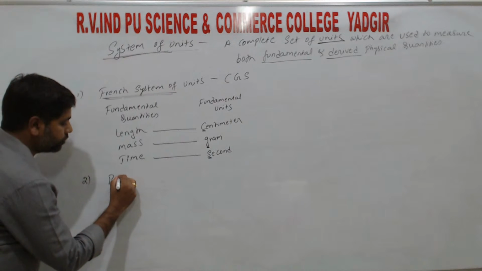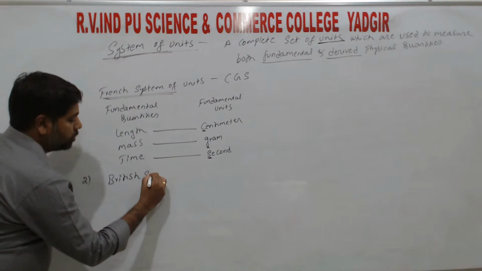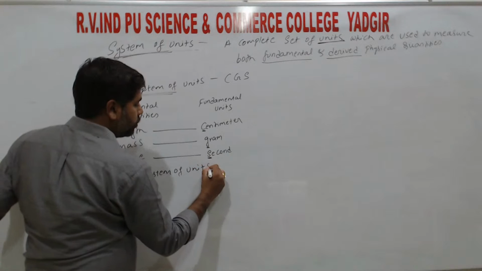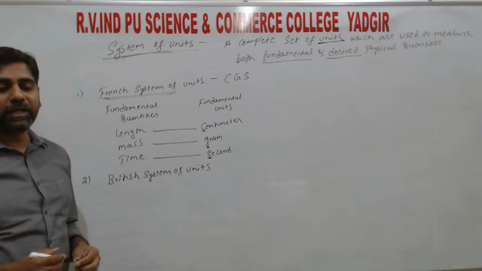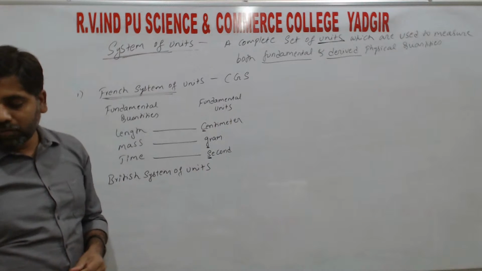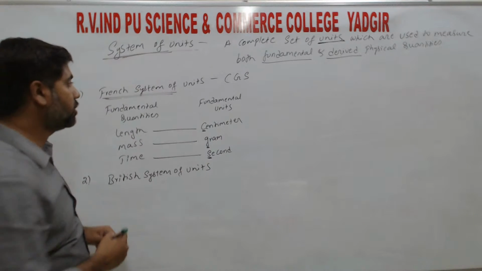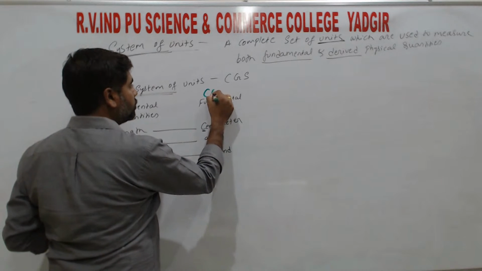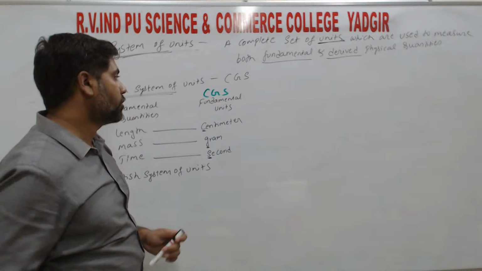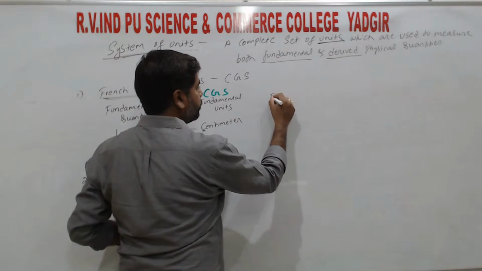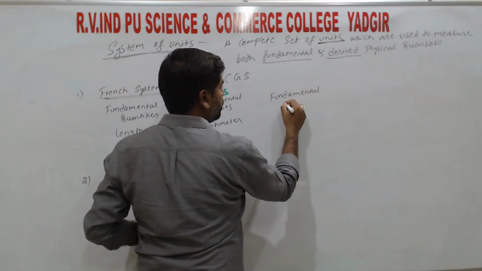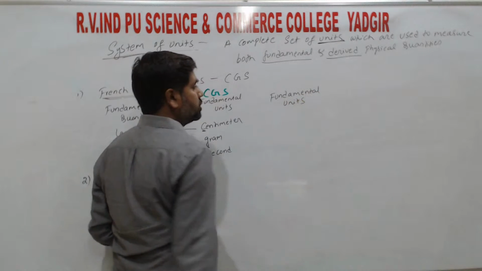So next, the second one is the British system of units, right? So in the British system of units, I will represent it in one column, right? So here in CGS system, fundamental units, right?